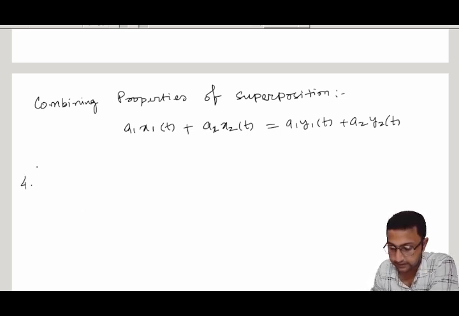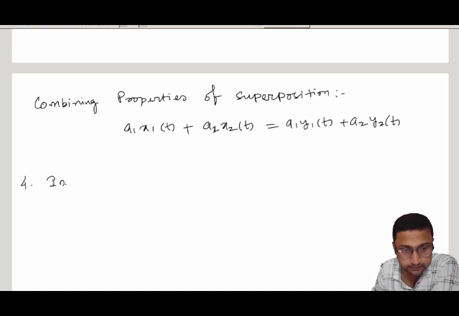Number 4 is instantaneous system or static system and dynamic system.